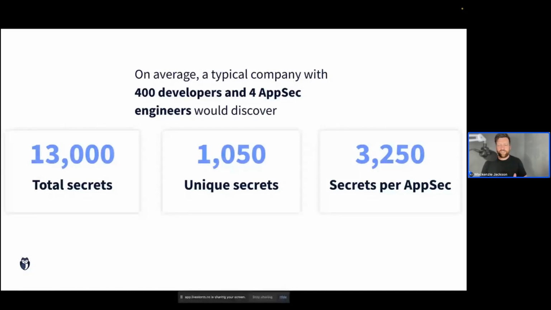So an AppSec engineer has to investigate, communicate with the developers, try and find out what this secret does, how critical it is. Then they need to rotate that secret, redeploy a new one. They need to do all of that without creating any downtime. And then perhaps they need to clean up that history and make sure that secret's out. They have to do that 3,250 times. That is totally unmanageable.